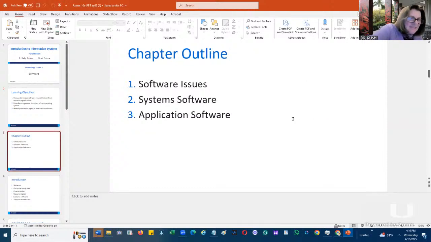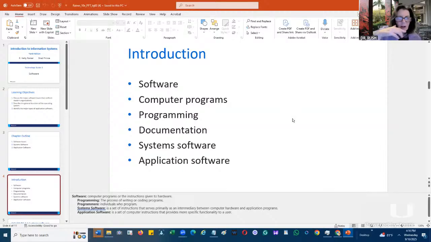So this is the key here. When I think about software, I think my hardware will not work unless I have software, right? Everybody knows that. And programming in the past has been the process of coding programs. We even talked about the zeros and ones, and really these computer programs are instructions to the computer to do some tasks.